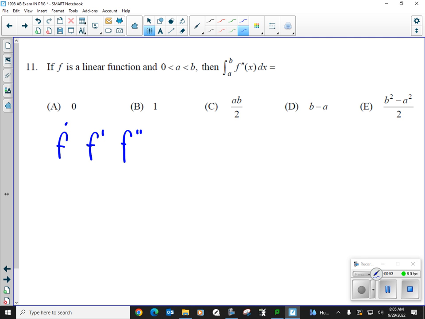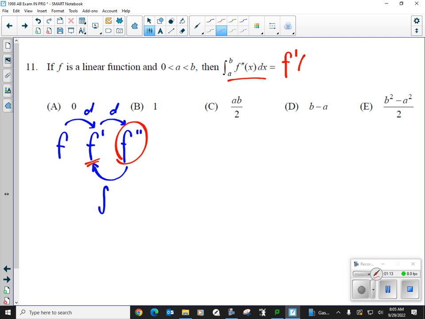First, this is a derivative, one derivative away. Backward would mean it's integration. So if we integrate f double prime, it should give us f prime, meaning this equation will give us f prime at the upper bound minus f prime at the lower bound.